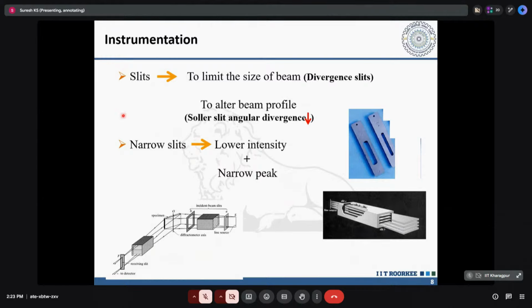Now this is decided by the slit opening in front of the X-ray source. Apart from that, it also helps us to restrict the divergence of the beam. Once the X-rays come out, they will like to diverge in all directions.